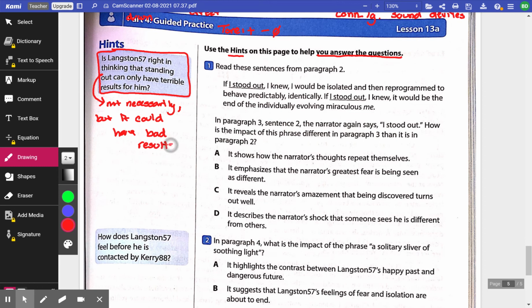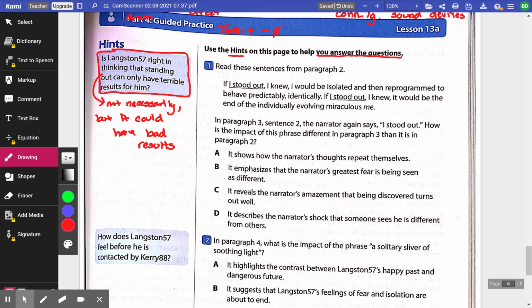Okay. So we know Langston is afraid of standing out, right? Because of what could happen. He could get reprogrammed. So that would be bad, right? But it doesn't seem like it's going to be all bad. So we can say not necessarily, but if he does get found out, it could potentially have bad results for him. So now that we know what we know about this hint, let's look over to number 1 and see what it wants us to do.